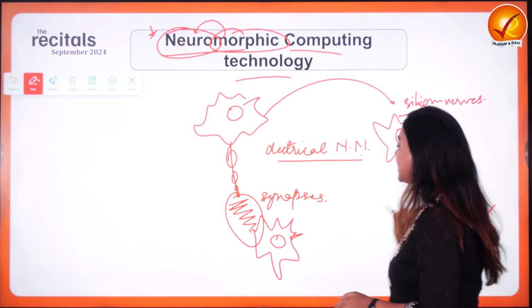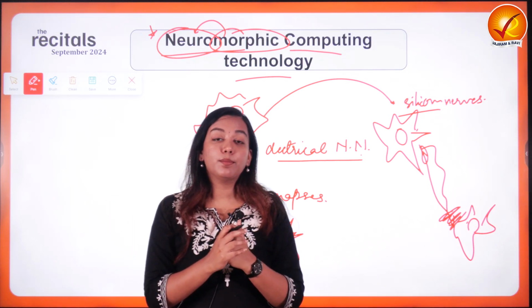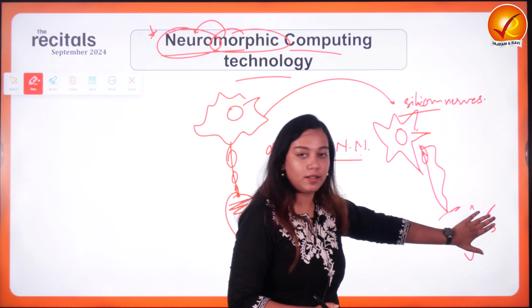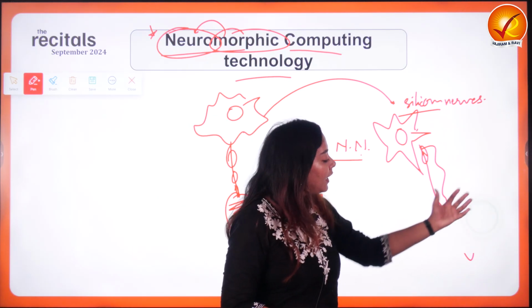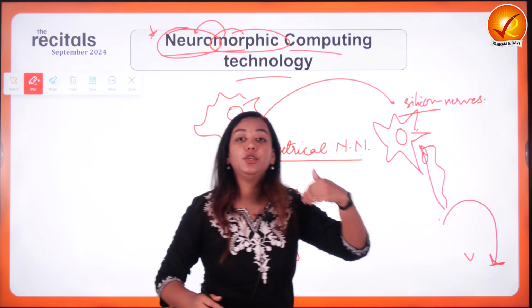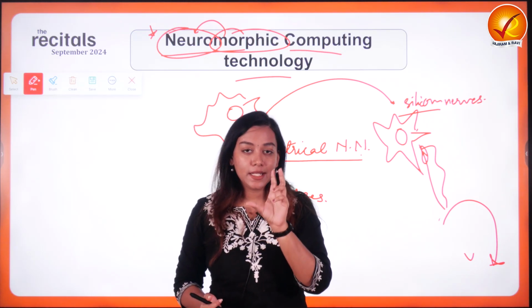These electrical signals function on neural spiking, which means the moment one neural cell receives an electrical spike, it will attain this information and then pass it on to the next one using another voltage spike. So we are also going to work on the principle of voltage spiking.